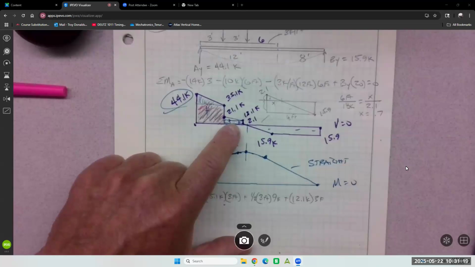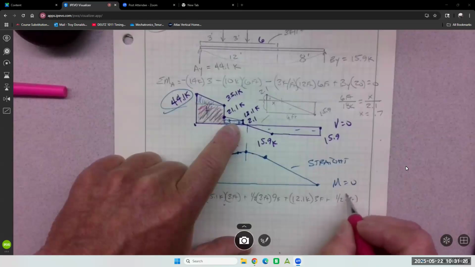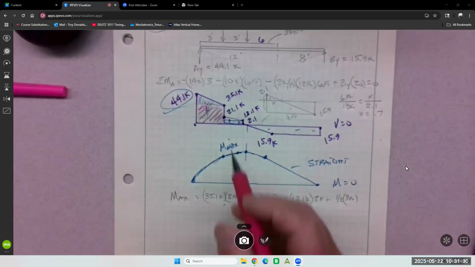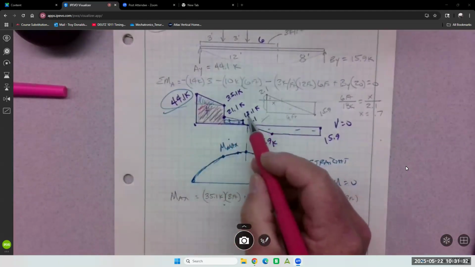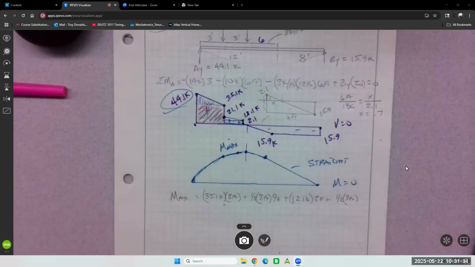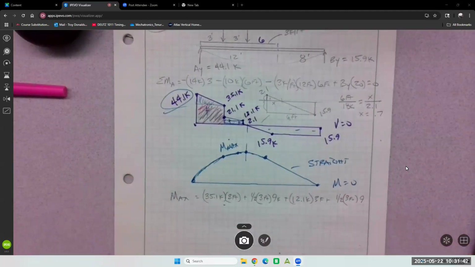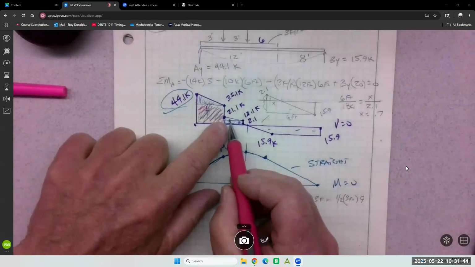So that's that. Then I need another triangle, 1/2 the base, 3 feet times this height. So it's the 21.1 minus the 12.1, which is 9 again. So now I have that triangle.